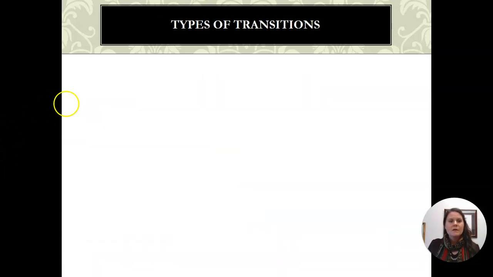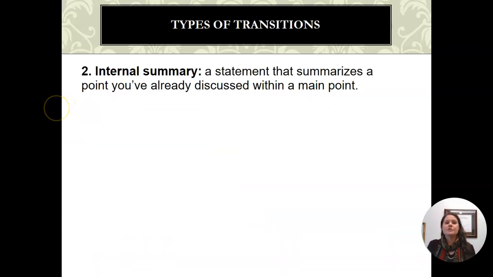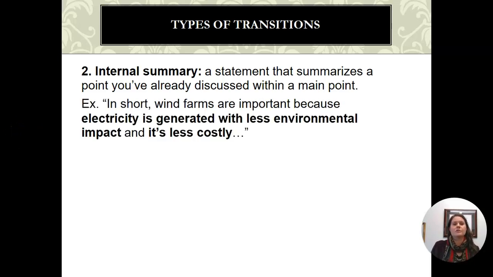Next up, we have an internal summary. So you can take a guess what this transition does, but basically it falls at the end of a main point and it summarizes what you've already talked about to help your audience get one last pass to understand your content.